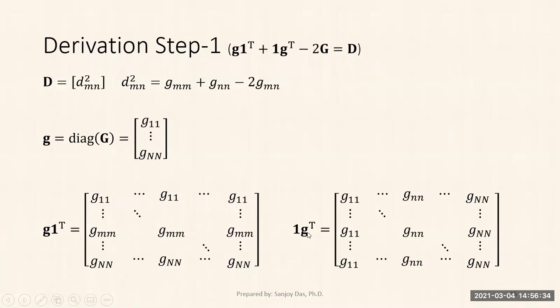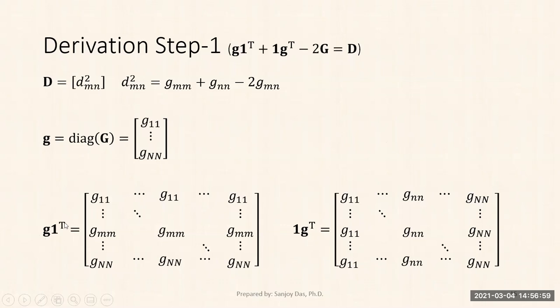Likewise, my 1G transpose is equal to, each column will be G11, G11, G11 repeated n times, then Gnn lowercase n. The nth column would be this, Gnn repeated this many times. And the last column, the uppercase Nth column, will be G uppercase N repeated this many times.